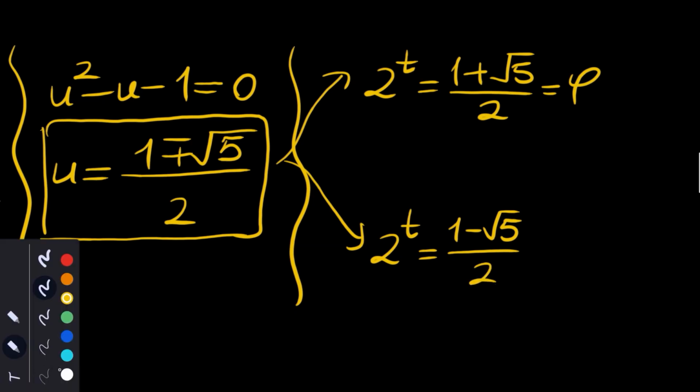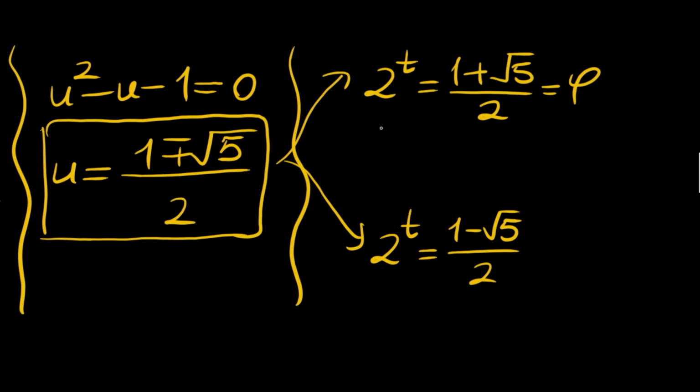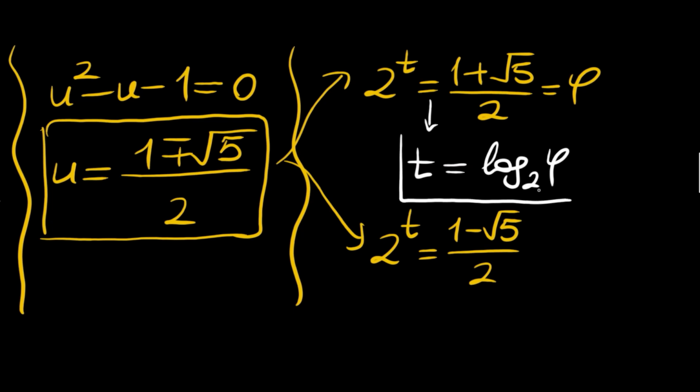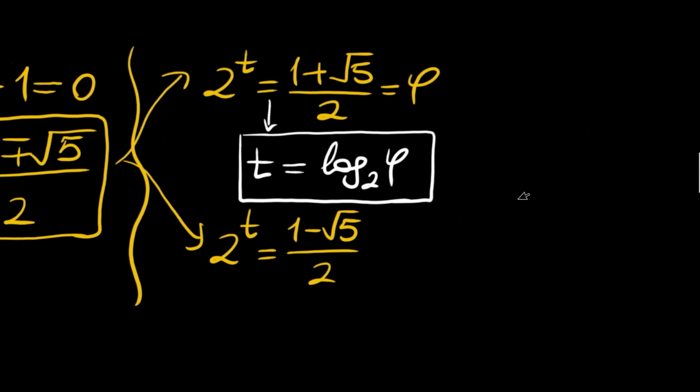From the first one, we can just take the log of base 2 and write t is equal to log base 2 of the golden ratio phi. But the second one is a negative number, and we have no real solutions from this part, since the exponential function cannot be equal to a negative value.